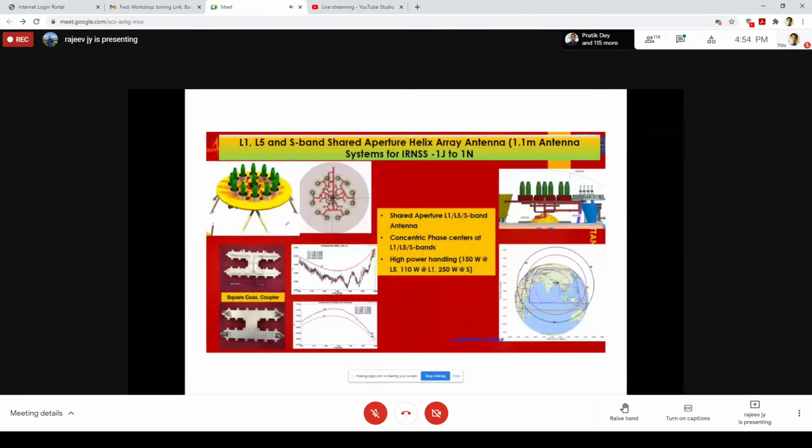Now for the future, where we are: if you are following ISRO, you will see that up to 1J is going to be launched, the next satellite, which will have 3 bands, maybe beyond 1J. So we are talking about all 3 bands now, L1, L5 and S-band.